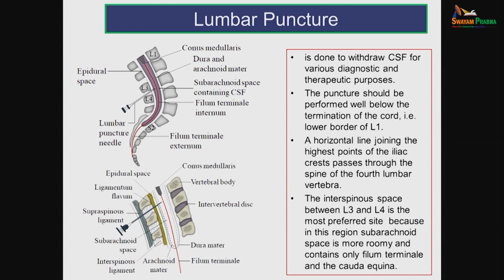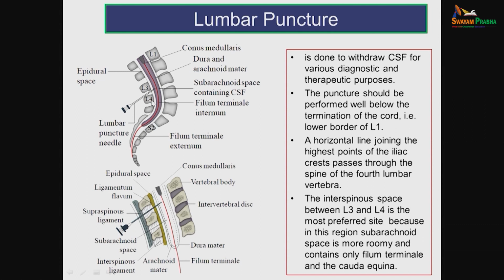Both iliac crests you join by a horizontal line. This line will correspond to the spine of the L4 vertebra. You just go above that, that will be the interspinous space between L3 and L4. That is the space through which the lumbar puncture needle can be inserted.